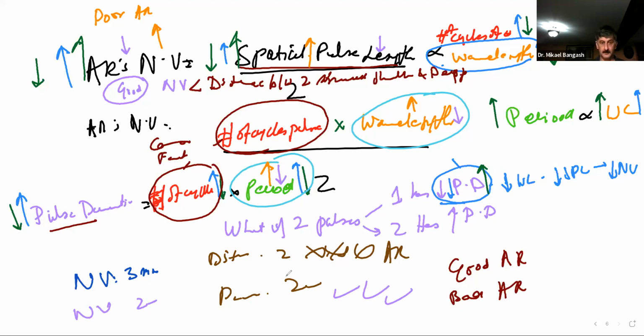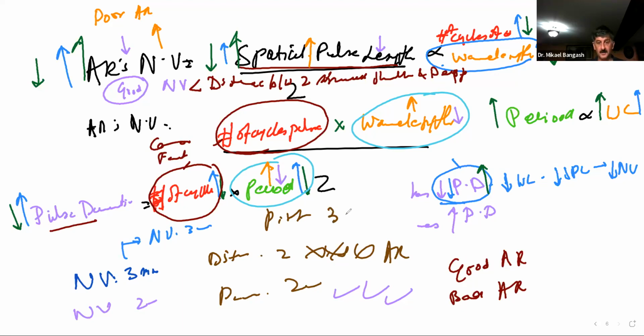Sorry, it's getting a little cloudy here, but if the numerical value of your axial resolution was 3 millimeters, you would still have a good axial resolution if the distance between the structures was 3 millimeters or more.